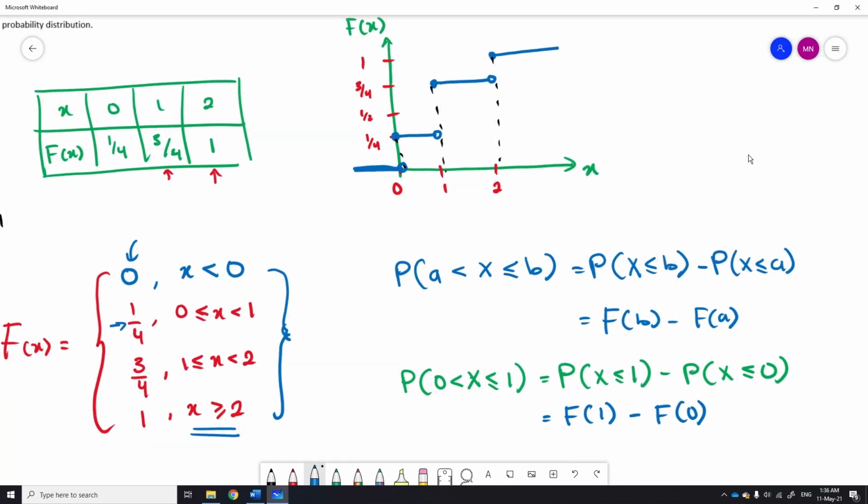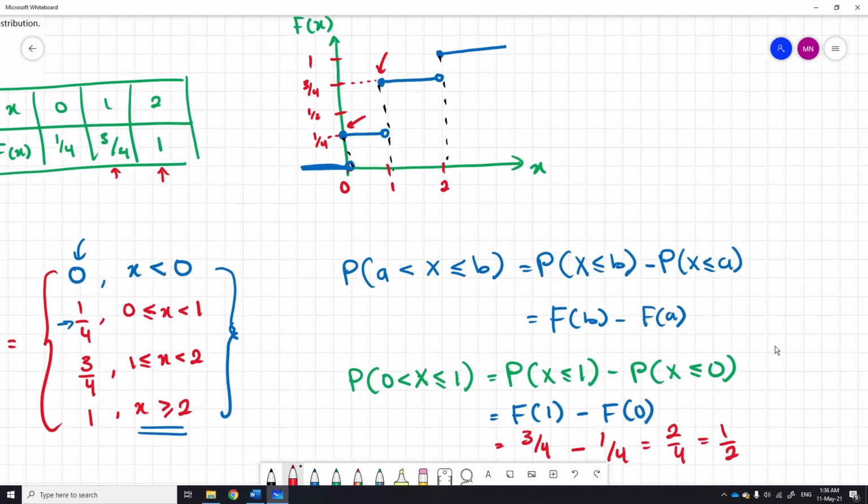We can refer to our graph, where we have already obtained the values of F(1) and F(0). The value of F(1) is right over here, 3 over 4, minus F(0), which is 1 over 4. So our answer is 2 over 4, equal to 1 over 2.